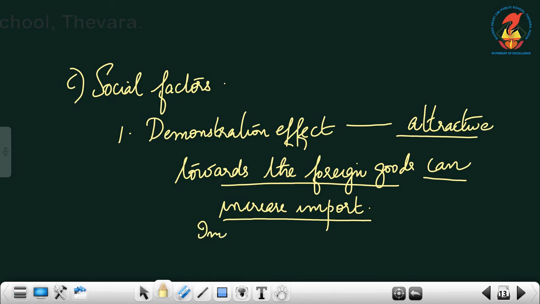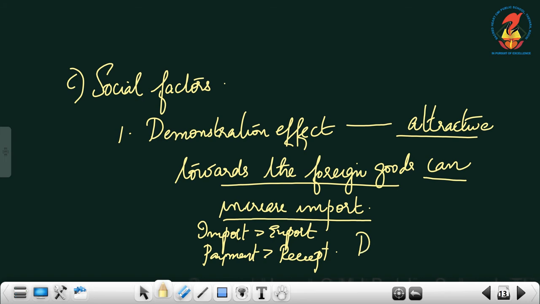If import is greater than export, what will happen? Money is flowing outside. That means payment is greater than receipt. If payment is higher than receipt, there will obviously be deficit in the balance of payment. This is about demonstration effect.